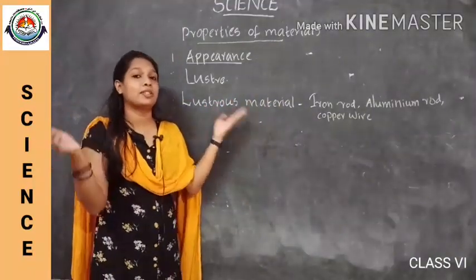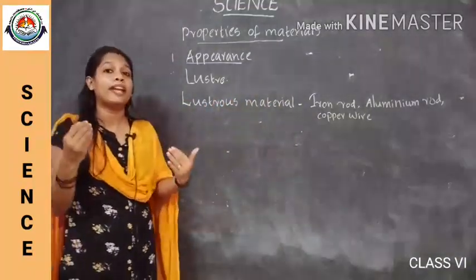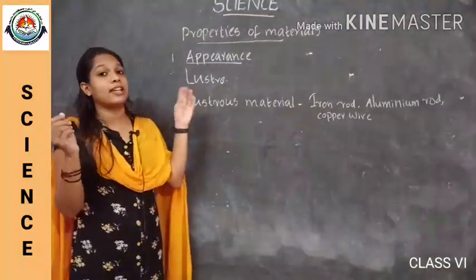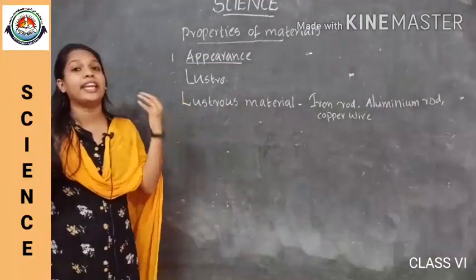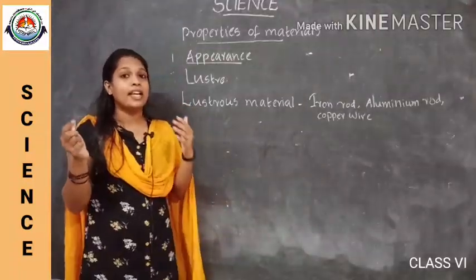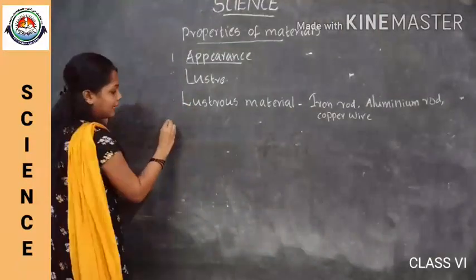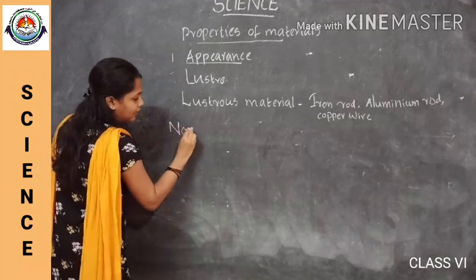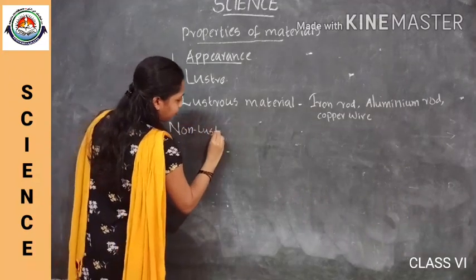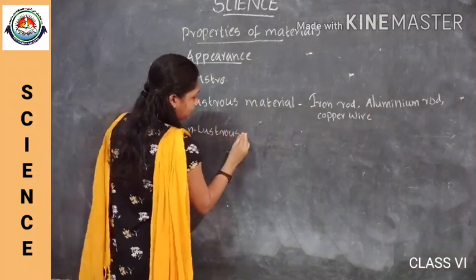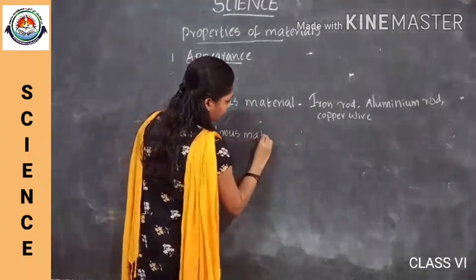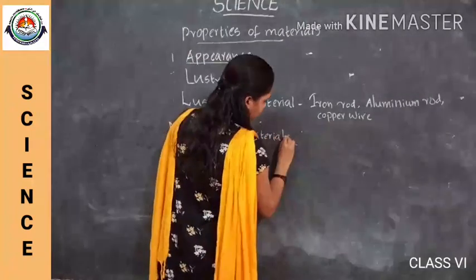And those materials which will not have luster or shine on their surface are called non-lustrous materials.